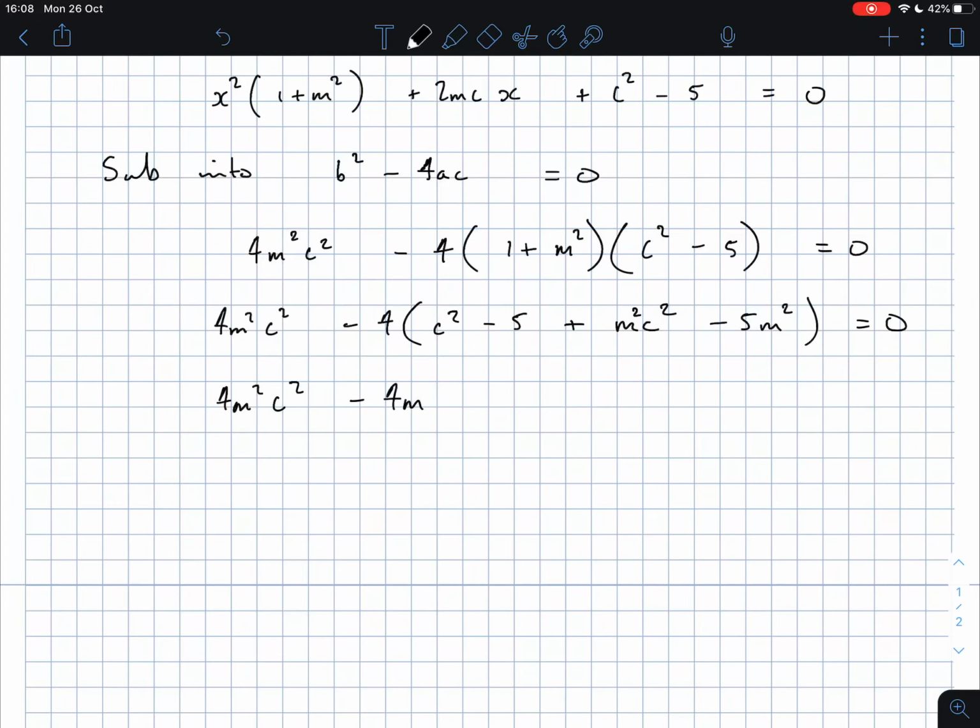But we can see that that works out nicely with that term. Minus 20 plus 20m squared equals 0. So they cancel nicely. And just like I said a moment ago, that makes it much nicer for me to make my substitution now.